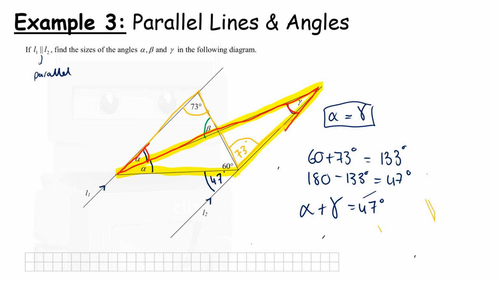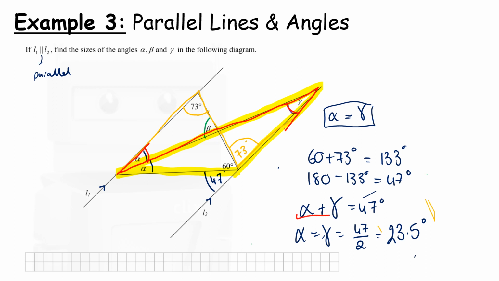But I also know that they're the same. So alpha is equal to gamma, and they're both equal to 47 divided by 2. So that gives us 23.5 degrees. Now, don't panic because we see a 0.5 degrees. That is absolutely fine.